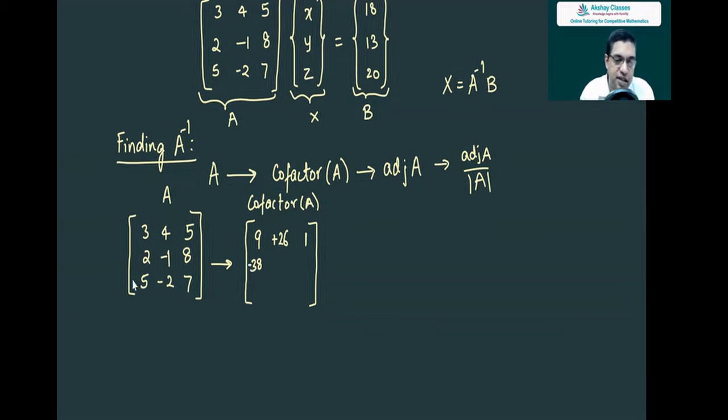Very important. Next, the middle element, minus 1. What is the cofactor? You have 3, 5, 5, 7. 3 sevens, 21, minus 25. Minus 4. Then 8, cofactor of 8.